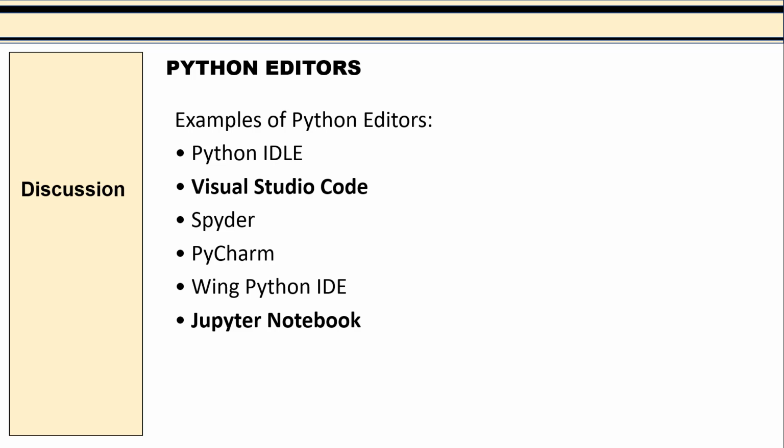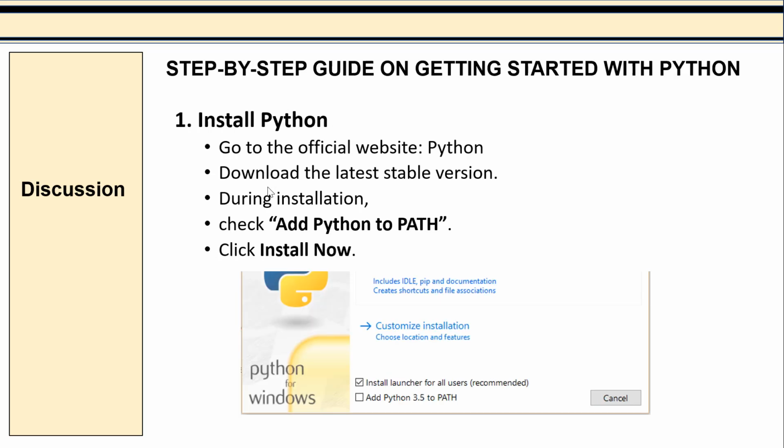Most editors have features for debugging, and for simple programs we actually use Python IDLE, but for more advanced work, like in this series of tutorials, Jupyter Notebook is our choice, and also Visual Studio Code.